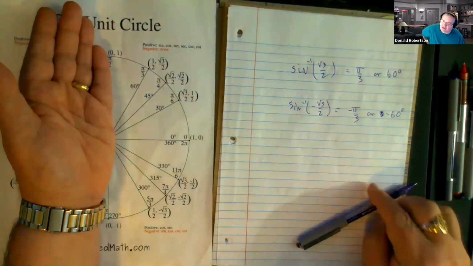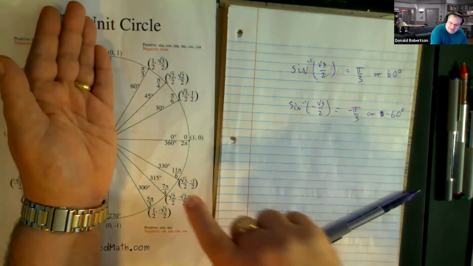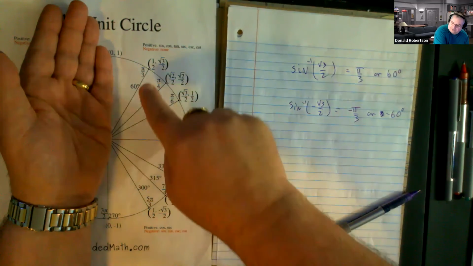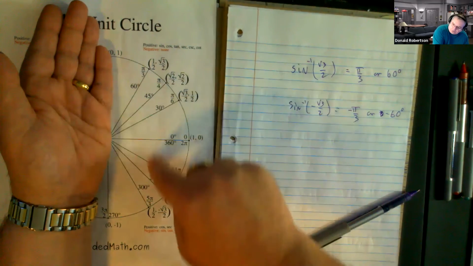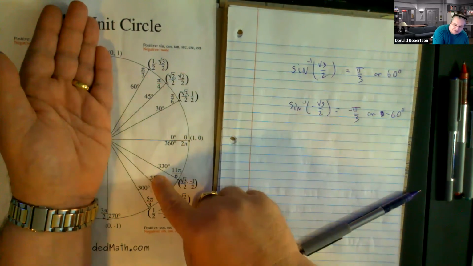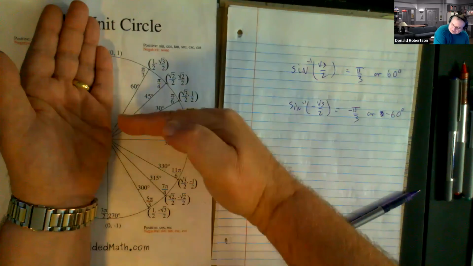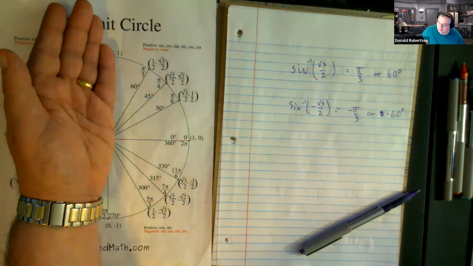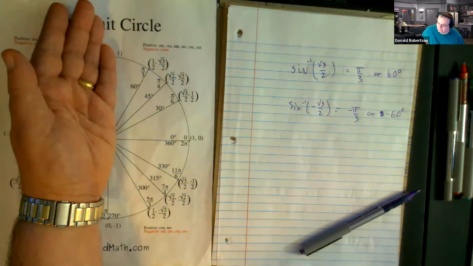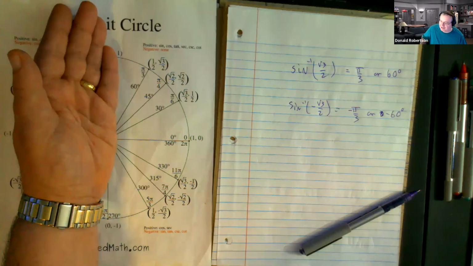So the inverse sine is in the fourth quadrant, or the first, right? Negatives are in the fourth, but you don't give me these numbers. You give me the negative angle that's the same as that place. That's what makes them a little bit tricky, right? So that's what I was getting at.